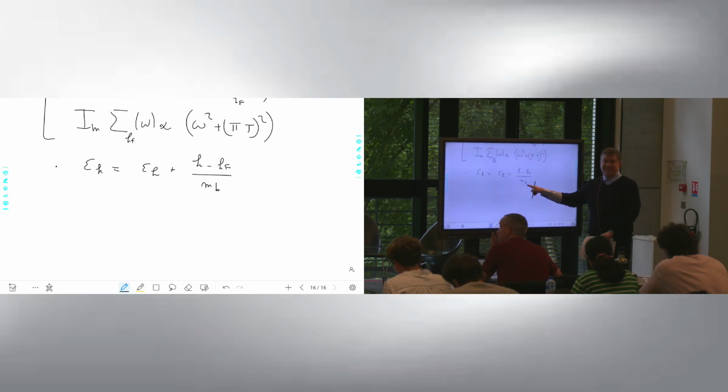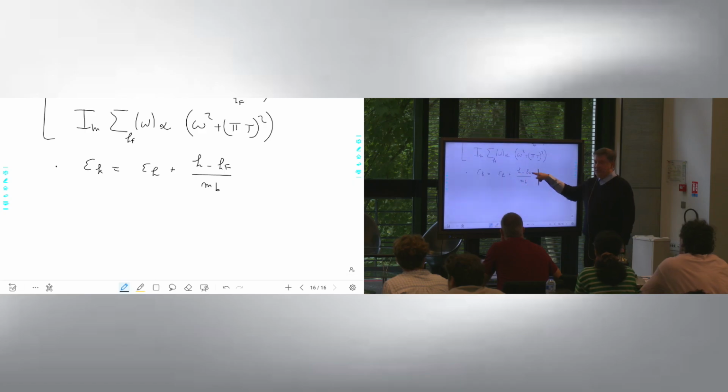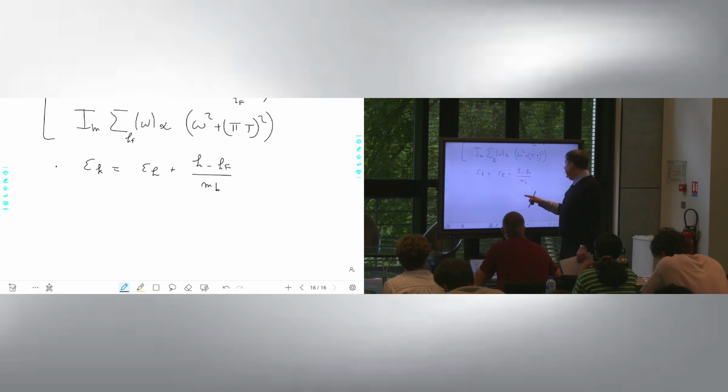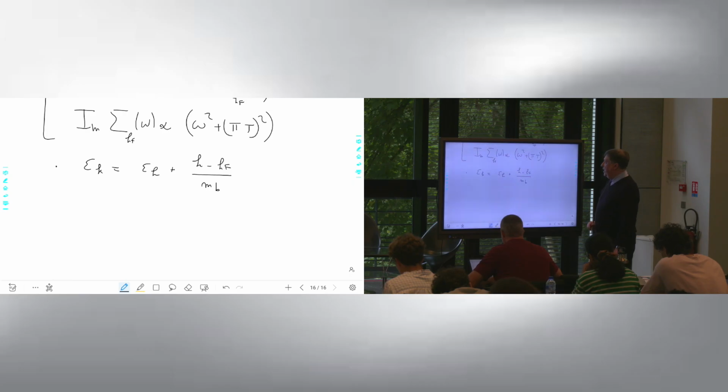So what is this? Any idea? That's a dispersion close to the Fermi surface, and I expand close to the Fermi surface. Yes, exactly. That's a band effective mass, mB, non-interacting.